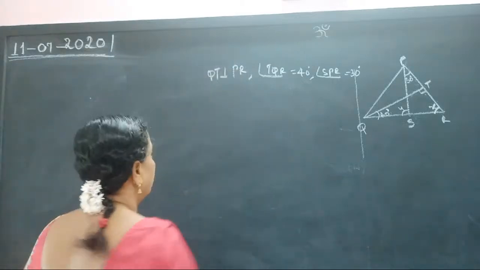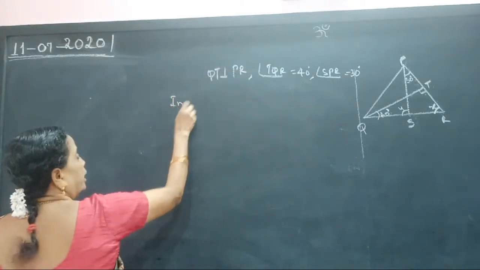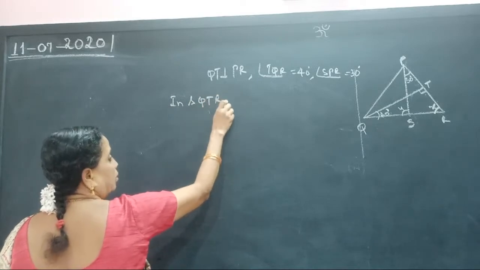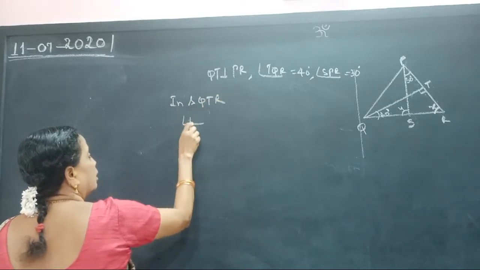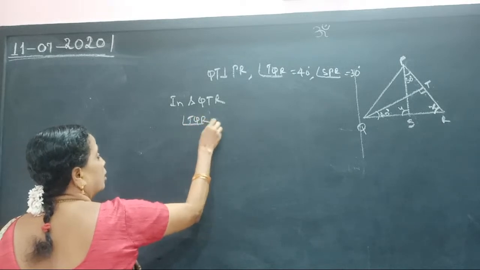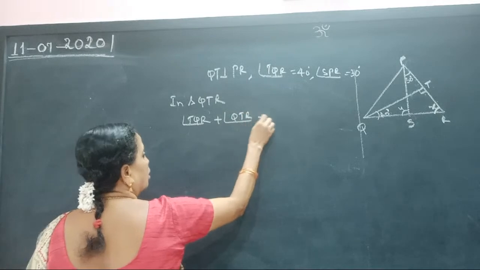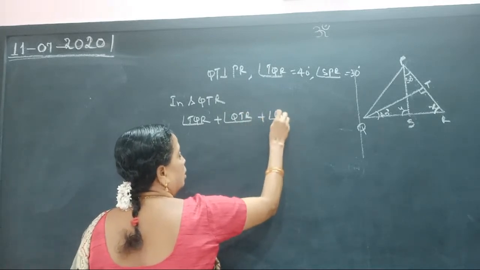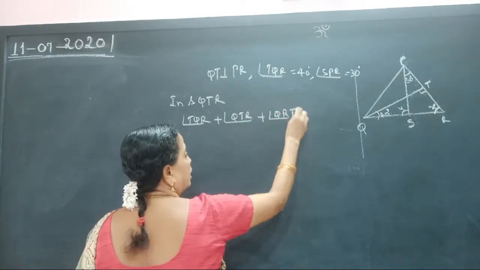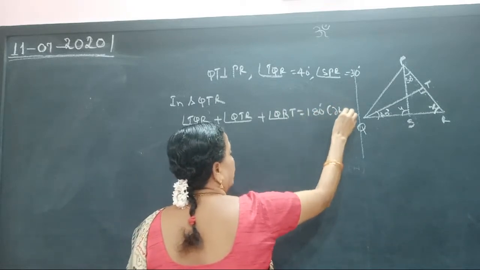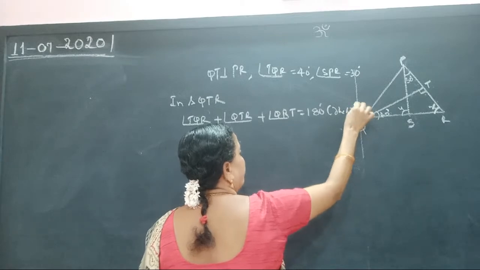Next, in triangle QTR, angle TQR plus angle QTR plus angle QRT equals 180 degree. Theorem 6.7.